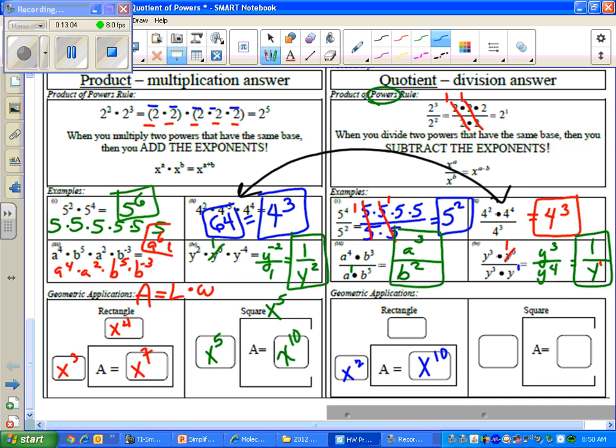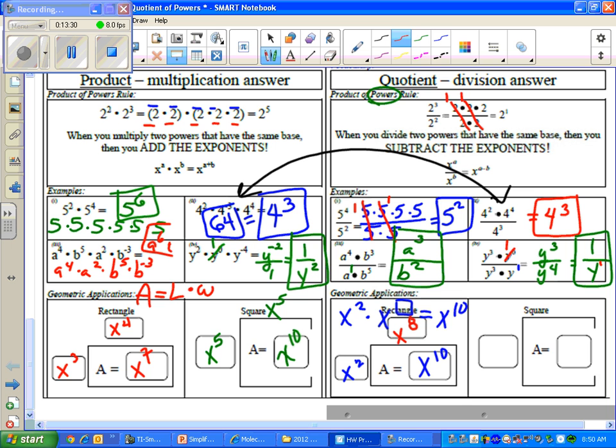So what's really going on here is that length times width problem. We say we have x squared times x to the something is going to equal x to the 10th. Well, if you remember your product rule here, you know that 2 plus something is going to equal 10. Well, that something has to be 8. You're going to end up with the missing side of x to the 8th. Why does that work? Because 2 plus 8 equals 10.